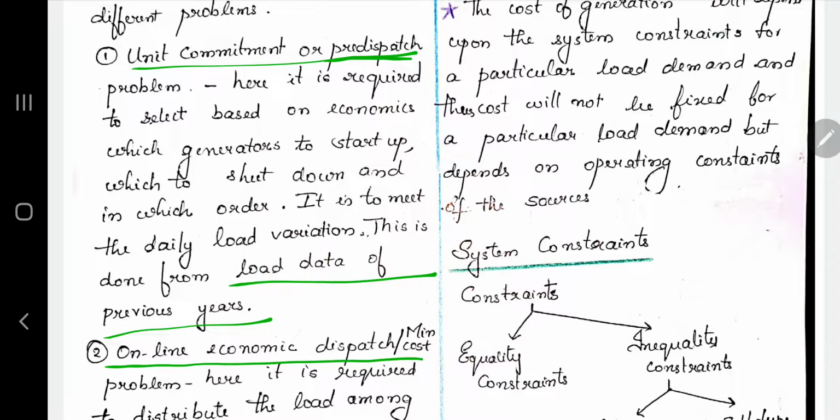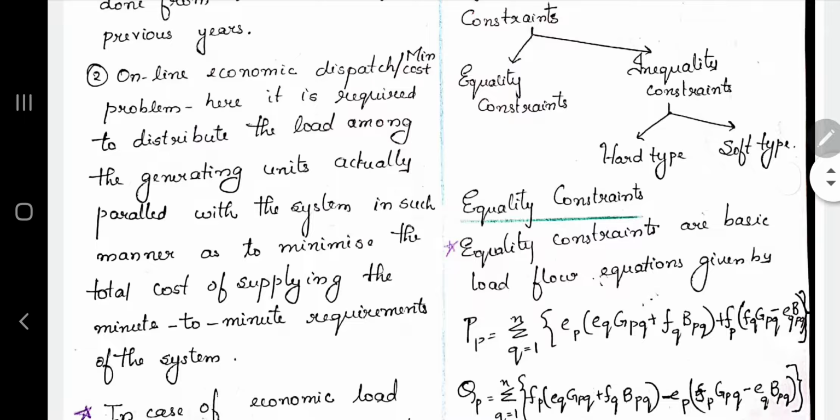The second one is the online economic dispatch or minimum cost problem. Online means the minute to minute requirements of the system are met using the online economic dispatch problem.